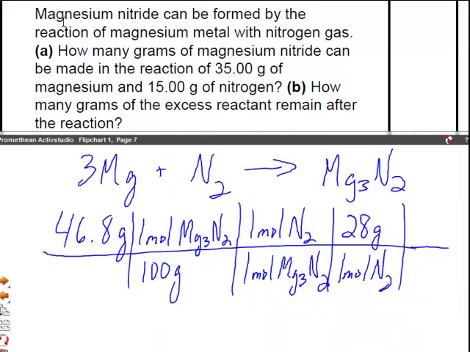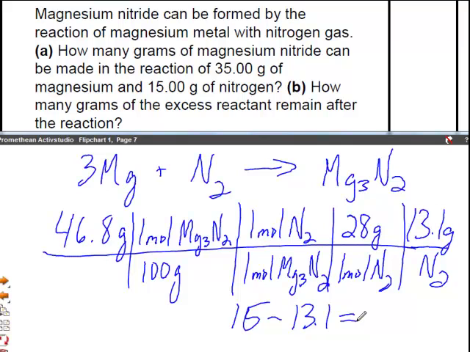And there's the setup for the second part of the equation, where we are solving for grams of nitrogen. So we end up using 13.1 grams of nitrogen, and then lastly 15 grams of nitrogen minus 13.1 gives us an answer of 1.9 grams. That's it.